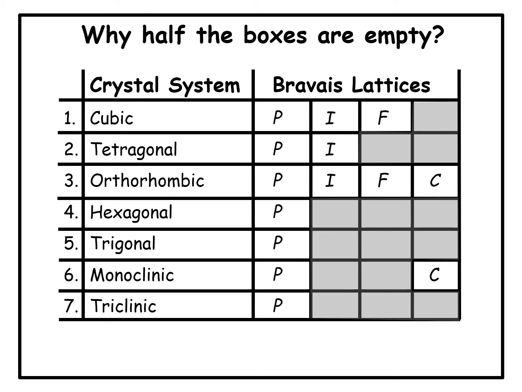Why have half the possibilities been left out, not considered by Bravais, not included in the Bravais lattices? This is one of the central questions which will lead to interesting insight into the definition of crystal systems and Bravais lattices.